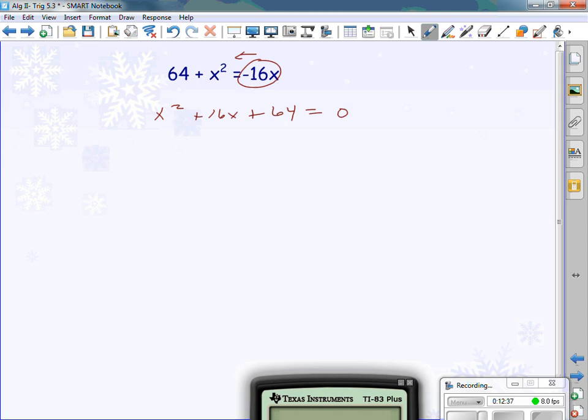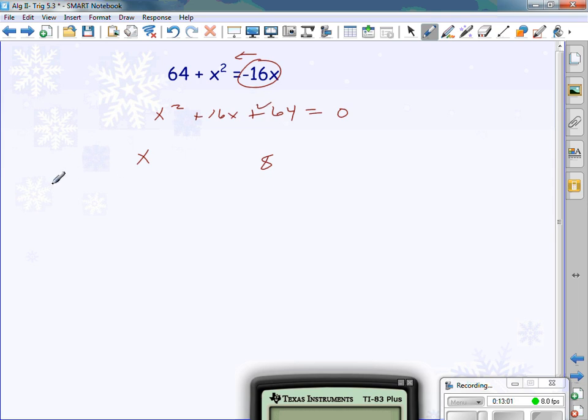First thing I look at, after I've lined them up, can I pull anything out? No. Now I want to look, is it special? Can I take the square root of x squared? What is it? X. Can I take the square root of 64? What is it? 8. Is this positive? Yes.